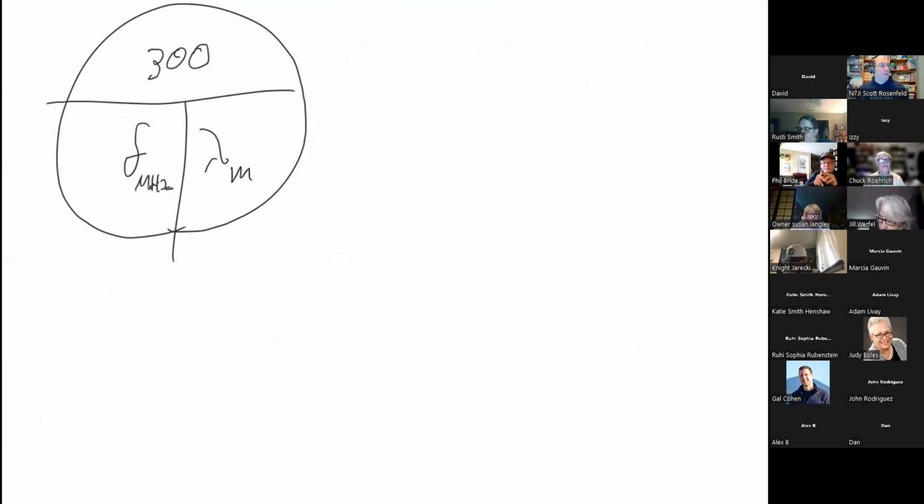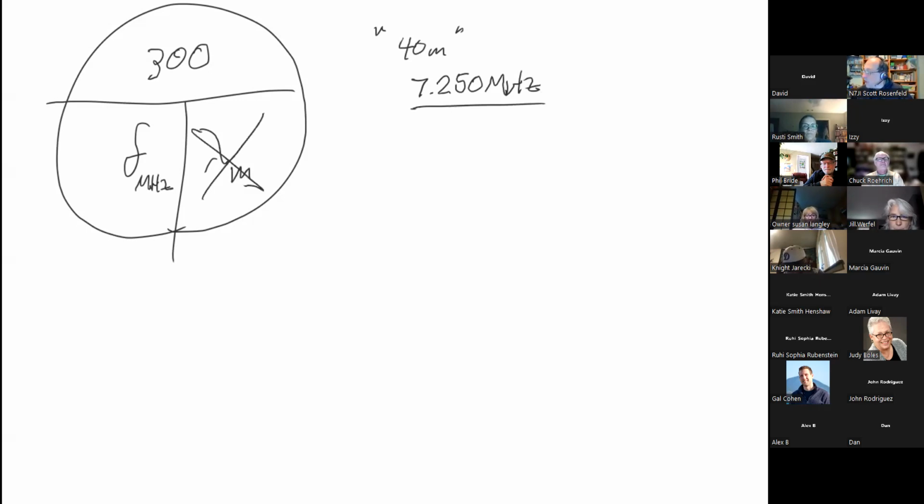Okay, so we're going to make an antenna for the 40-meter band, and we're going to pick a frequency of 7.250 megahertz. The first thing we have to do is say, what is our wavelength? 40 meters is approximate. Our frequency is exact. So we're going to say we don't know the exact wavelength. So now we have this right here.